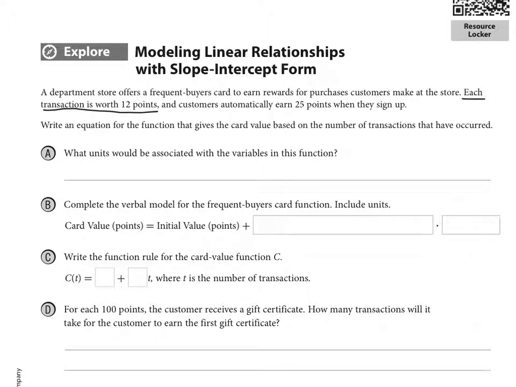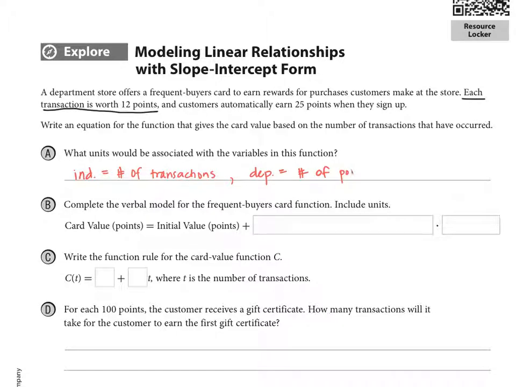Let's talk about independent and dependent variable. So our independent variable is going to be the number of transactions, and our dependent variable is the number of points.